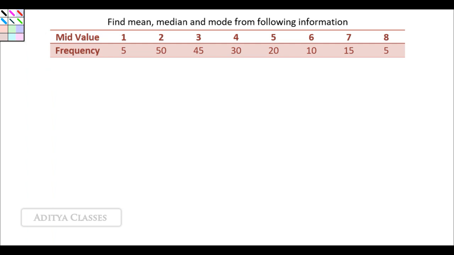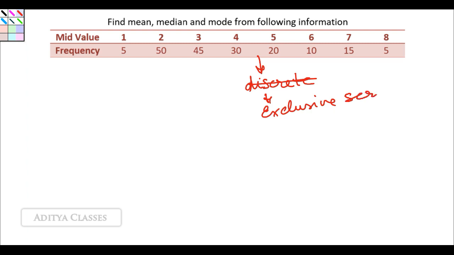Mid values meaning mid values of classes. So we need to convert this data into classes, meaning to say that what looks like being discrete, which it is not, we need to convert it into exclusive series. So once we have done that, then it would be a very straightforward question of mean, median and mode.